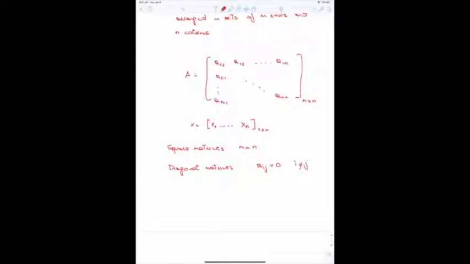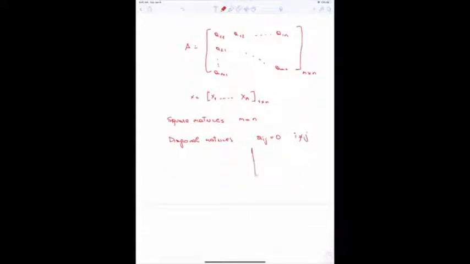If i is equal to j, the element is on the diagonal. So something like this, A11, A22, Ann, and zeros otherwise. It looks like 3 by 3, but it can be any dimension you want.